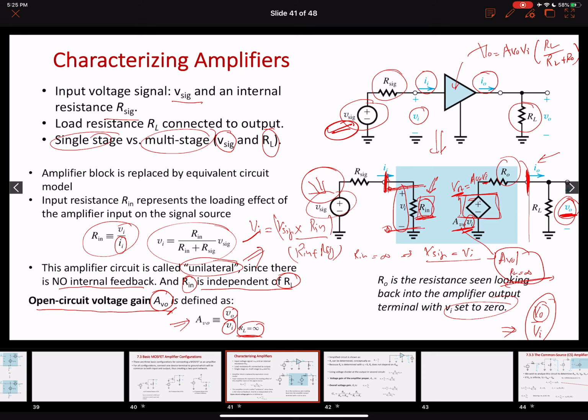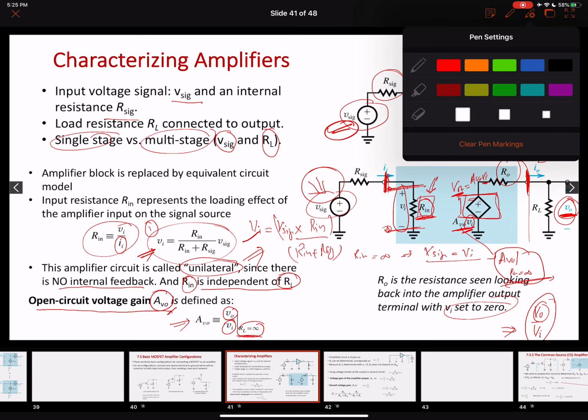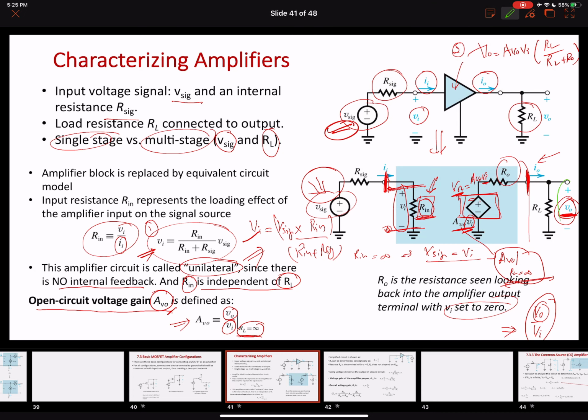By now we have two equations. One equation is at the input, where we have this Vi, and the second equation is at the output, where we have this V0. We can find this V0 by a voltage divider circuit, which is Avo Vi into RL over RL plus R0.